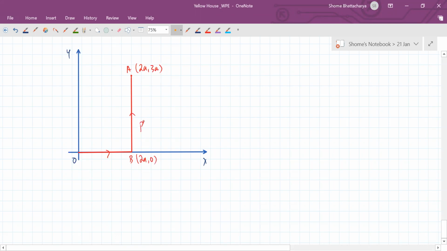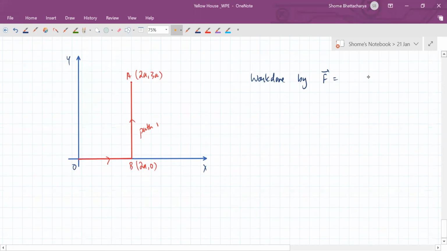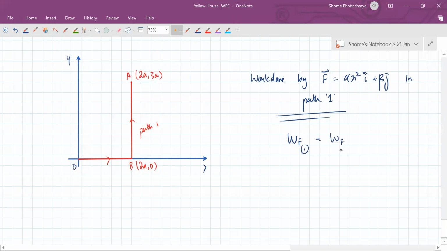So if this is path 1, the work done by that force F, which was given by alpha x square i cap plus beta j cap, in path 1, will be equal to work done by F from O to B plus work done by F from B to A. We'll calculate these things individually.